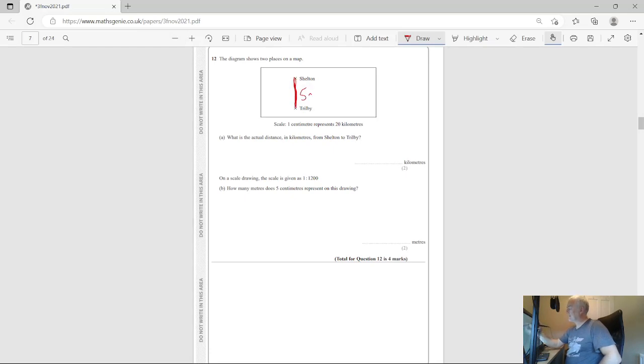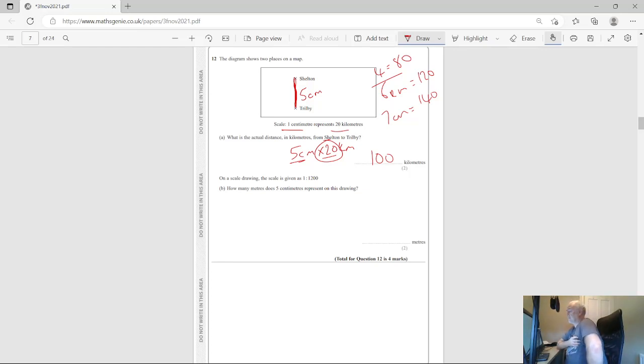Let's say that that's 5 centimetres long. This may not be the correct answer for the paper, but if we say 5 centimetres long, we take our 5 centimetres and times it by 20 kilometres. So if it's 5, we times it by 20, that's going to give me 100 kilometres. If your measurement was 6 centimetres, it would be 120. If it was 7 centimetres, it would be 140. 4 centimetres, it would be 80, and so on. So it's going to be the multiplication of 20 by whatever measurement you've found.